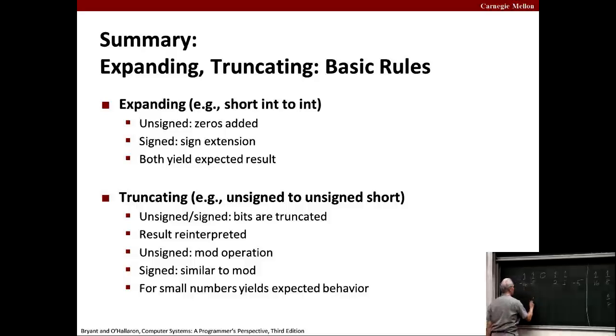But this number, if I just drop this bit and call it a 4-bit number, this now becomes minus 8, 2, and 1, which is minus 5. You say, how'd that happen? Well, actually, if you look at it, this is just what you'd get by sign extension, right? So this wasn't a very interesting example.